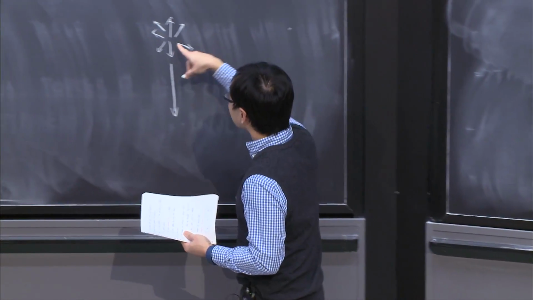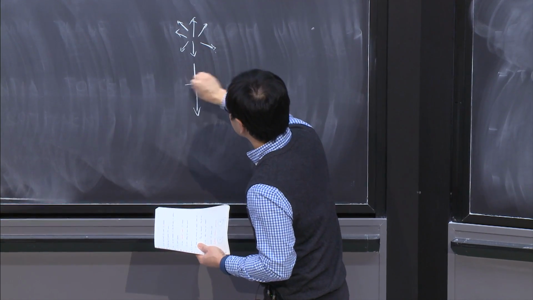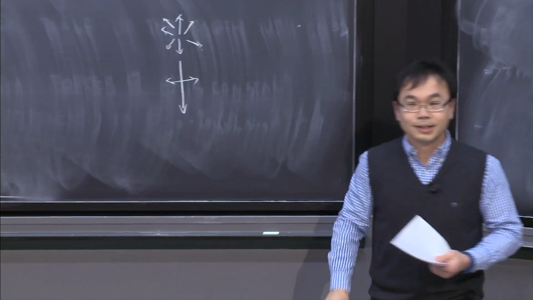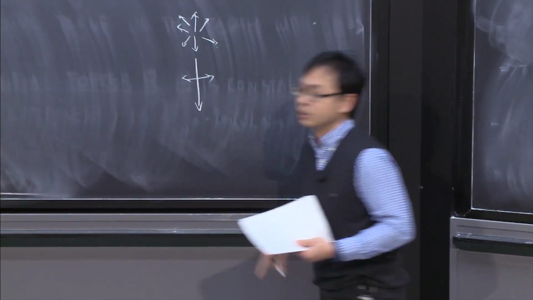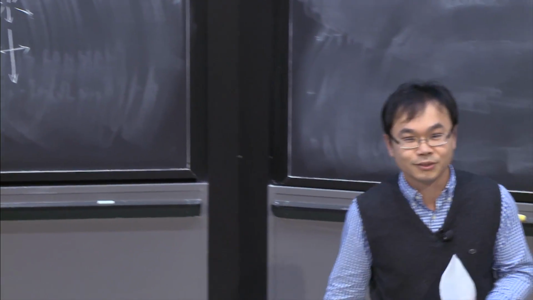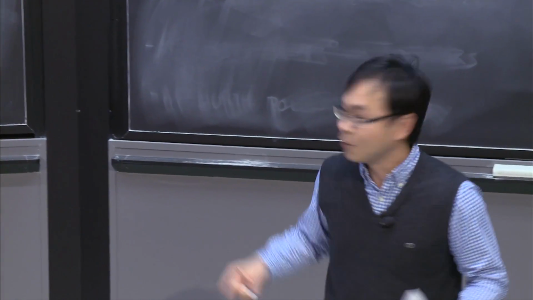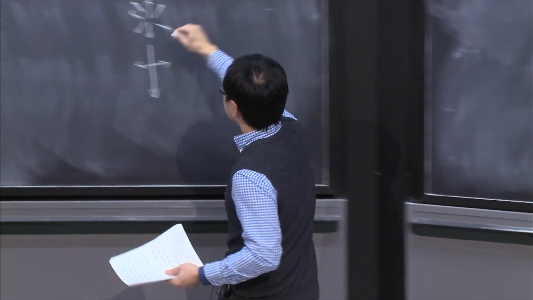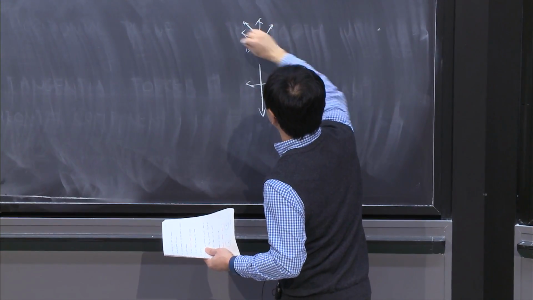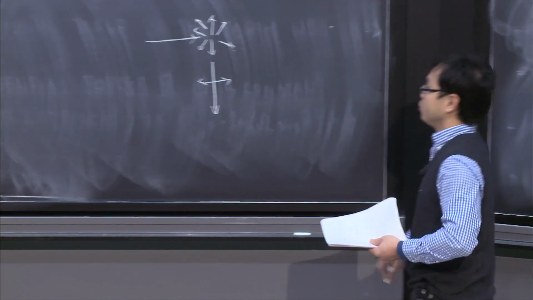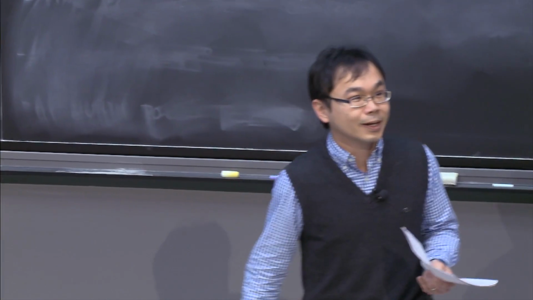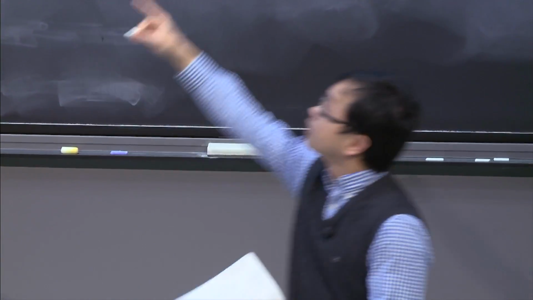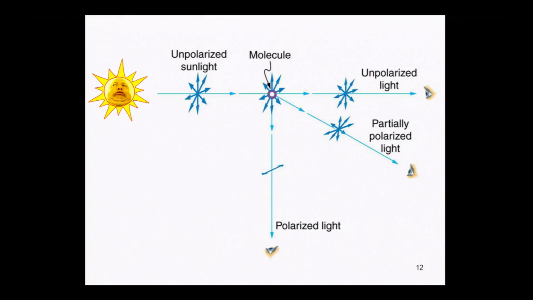Therefore, only the polarization in this direction, which is perpendicular to the direction of propagation, will survive. All the other components, like the one pointing upward or downward, coming from the original sunlight, will not survive.